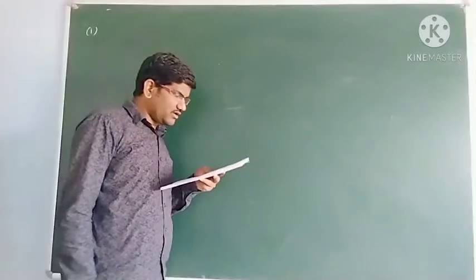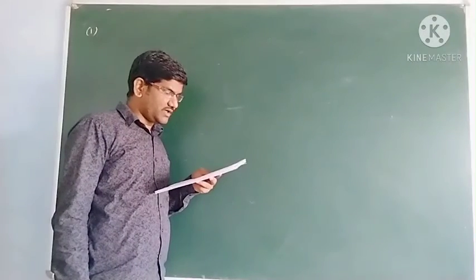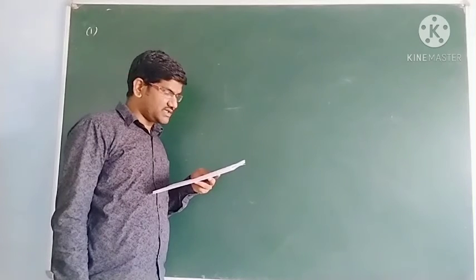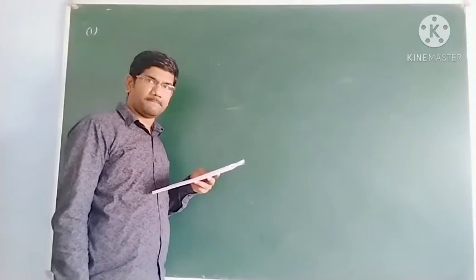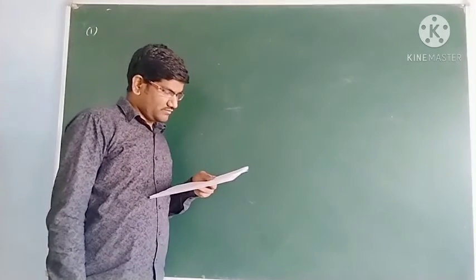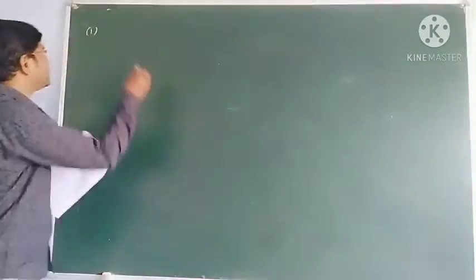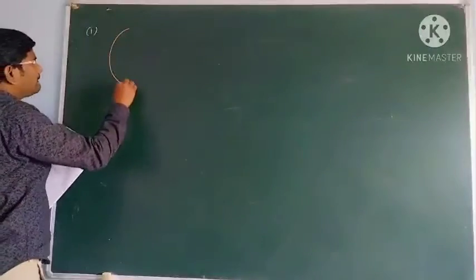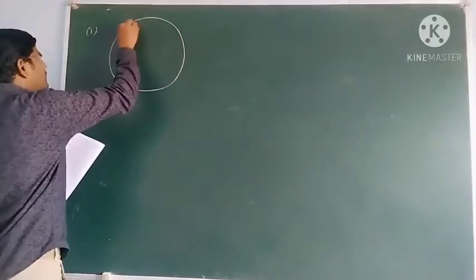A body moving along a circular path of radius 21 meters describes an angle of 60 degrees at the center of the circle. While moving from A to B, the object is moving on a circular path.